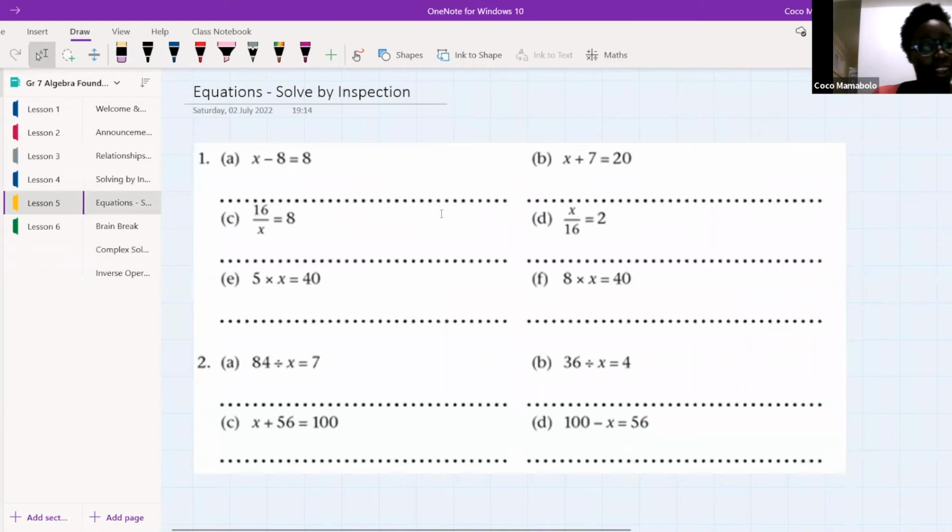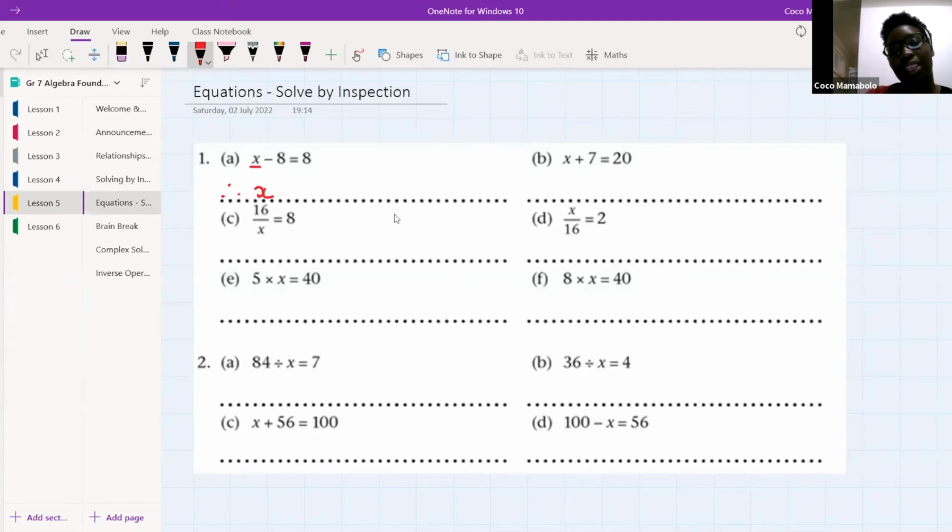Kama, can you unmute for me, please, and tell me what A is going to be? Remember, they've already given you the equation, so you need to start with therefore, and then finish the sentence. Therefore, if you minus something from 8, that gives you 8. Technically, x must be 0.